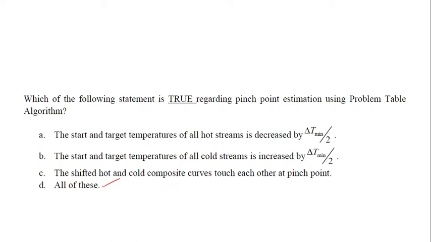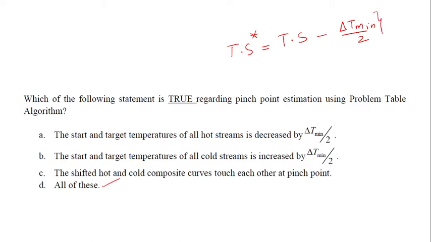For obtaining the shifted start and target temperature for hot stream, we need to subtract delta T min by 2. Shifted temperature is given by Ts star, which is equal to Ts, that is the actual temperature of the stream, minus minimum temperature difference by 2.